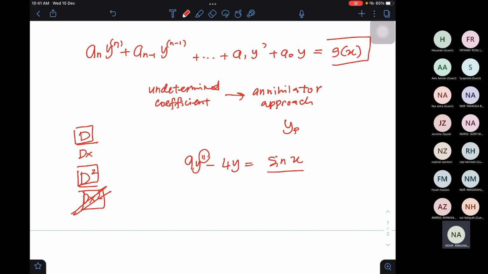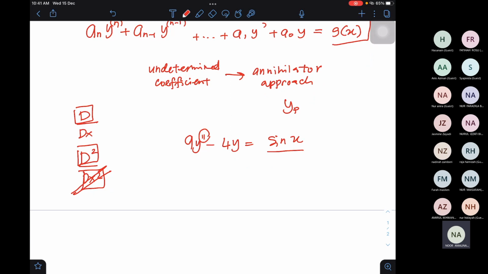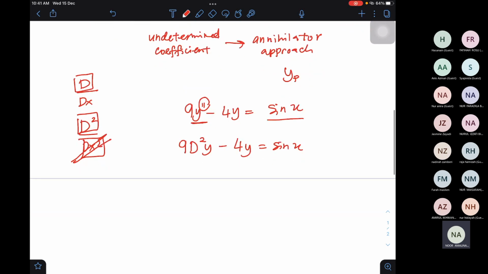Okay, so this one you can write in term of differential operator. Okay, di mana yang ini adalah double prime, so you can write it as 9d square y minus 4, and this one is only y. So if we change this one, okay, you will get 9d square minus 4y equal to sine x.